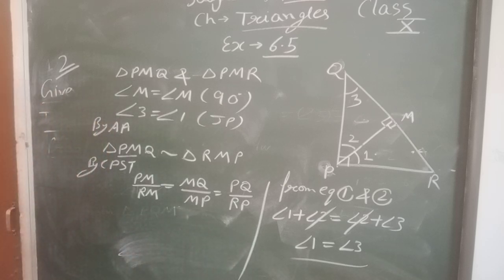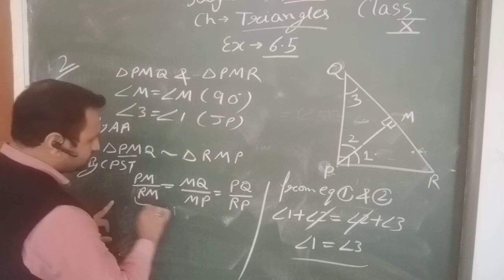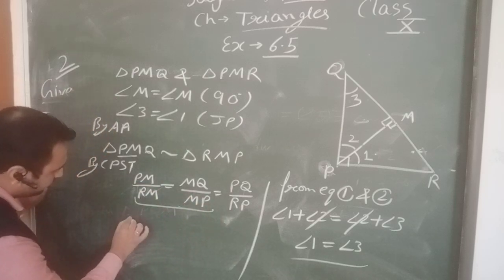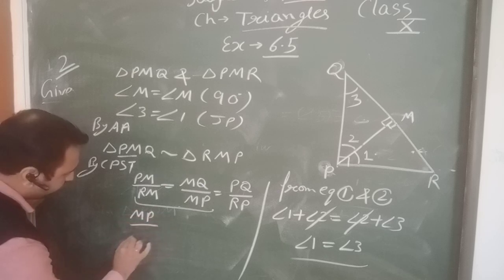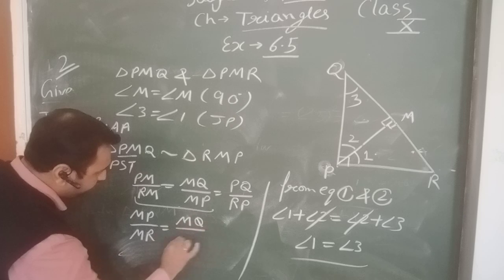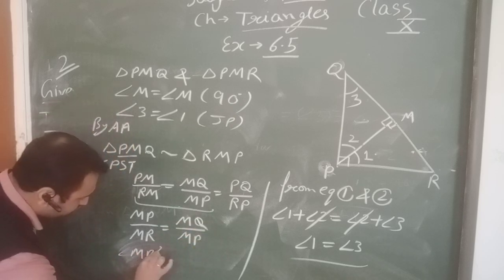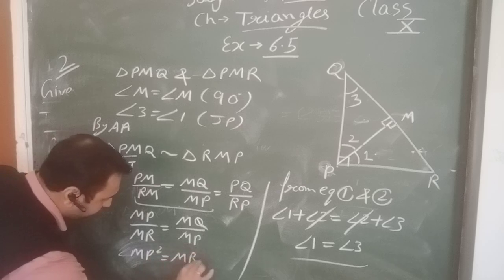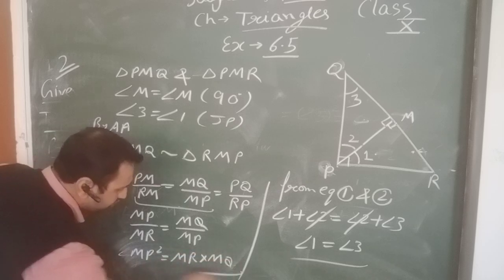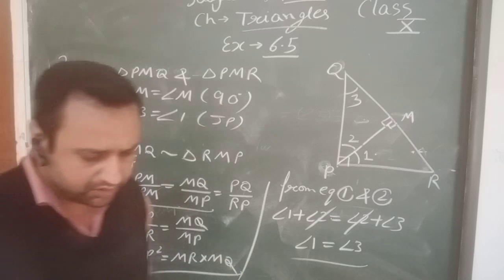According to the proof, we take these two ratios: MP upon MR is equal to MQ upon MP, and after cross multiplying, MP square is equal to MR into MQ. So this is the proof of question number 2.